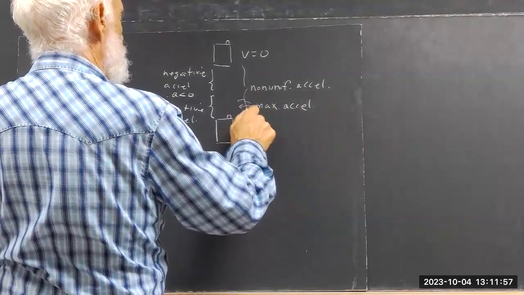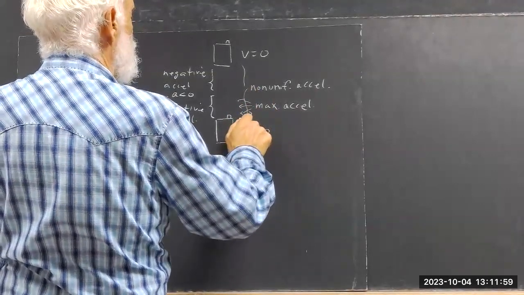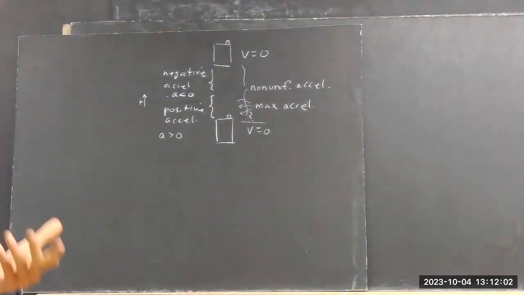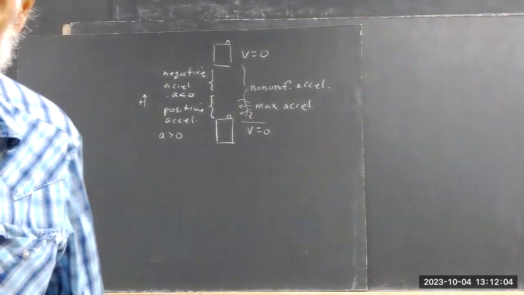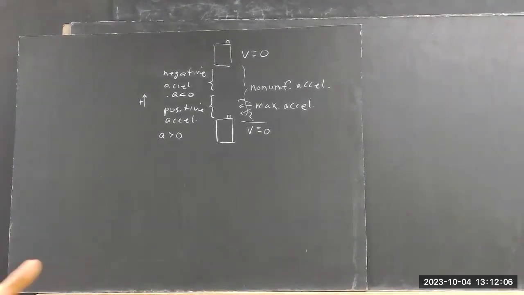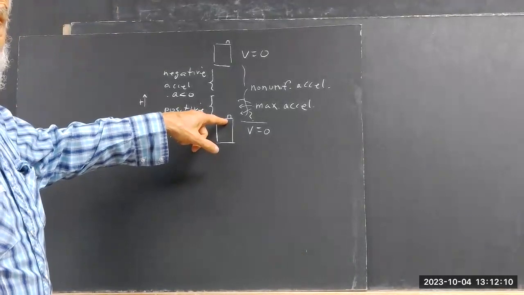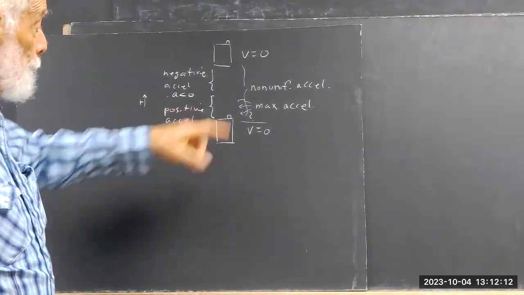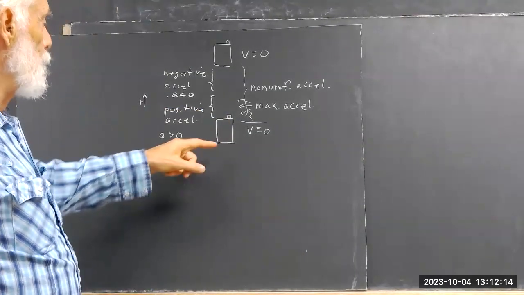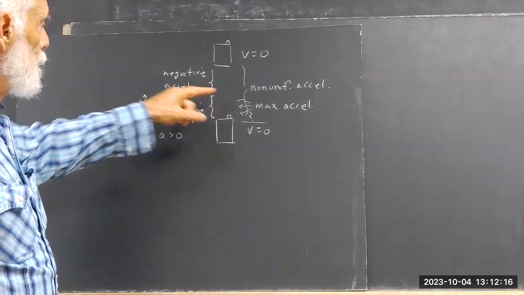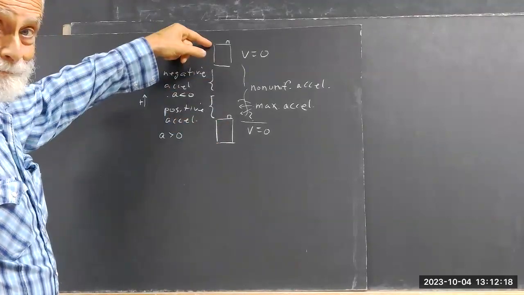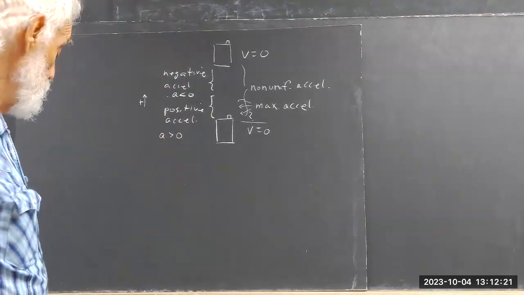And I'll put a question mark next to those little arrows to indicate we're not sure where it occurs, but it occurs someplace. Okay. In simple harmonic motion, it would occur immediately. It would occur here. And it would be positive but decreasing until it became negative. And continue increasing. Okay.